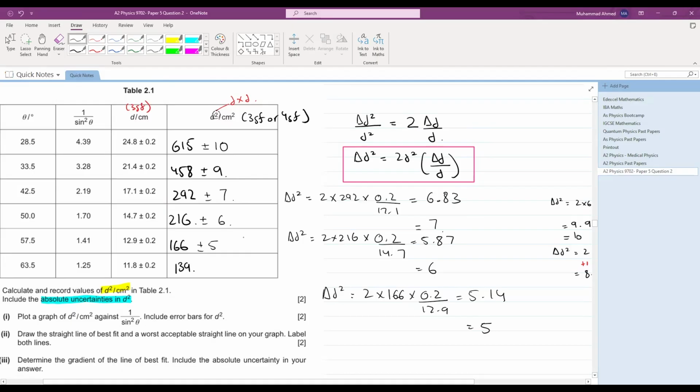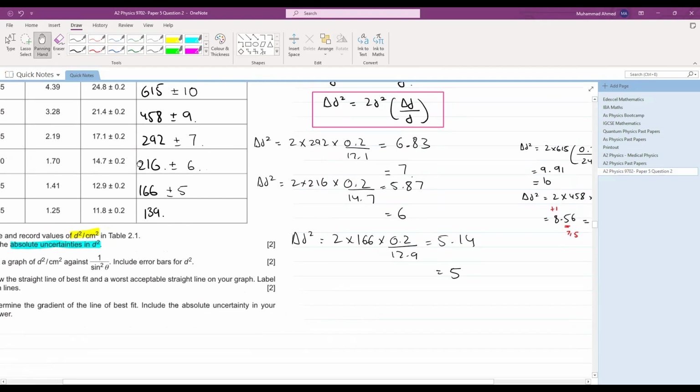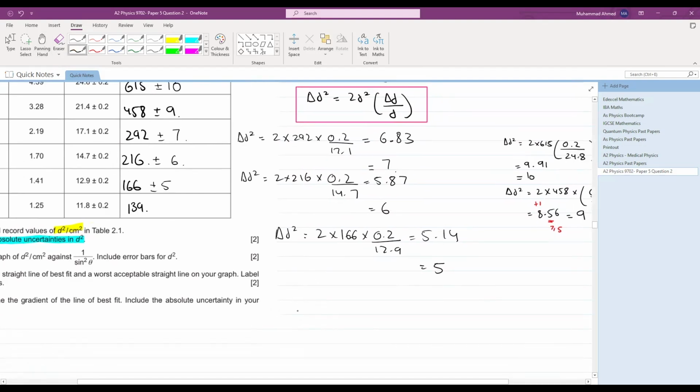Now the last row as well. The absolute uncertainty in d square is equal to what? 2 into 139 into 0.2 divided by 11.8. Obviously, you can do all of this and calculate it directly. I am just writing it down so that you know how the process is working. This comes out to be 4.7, which is roughly equal to 5 again.